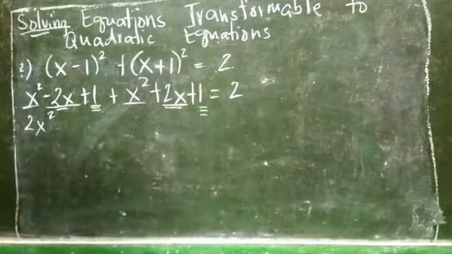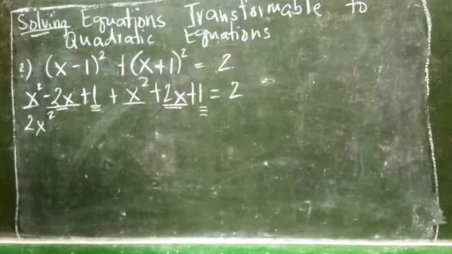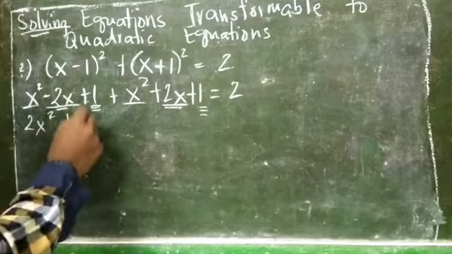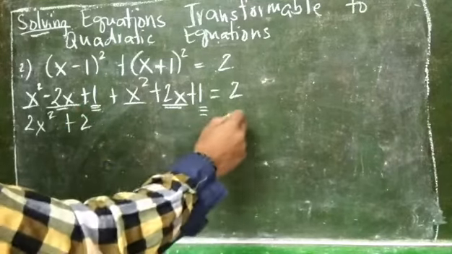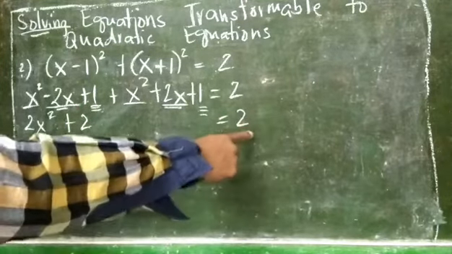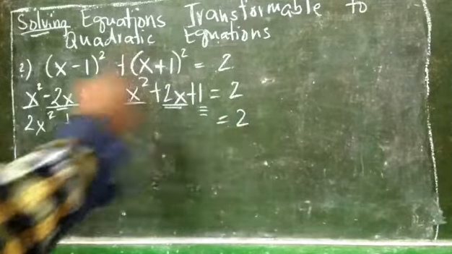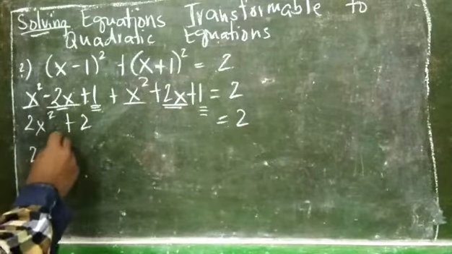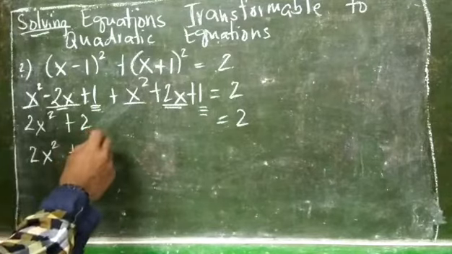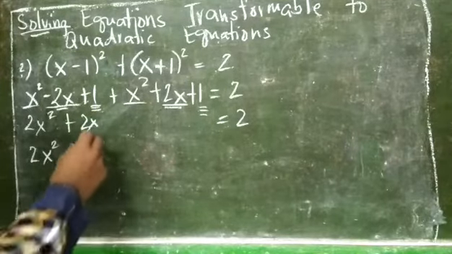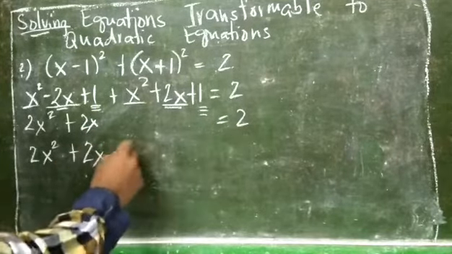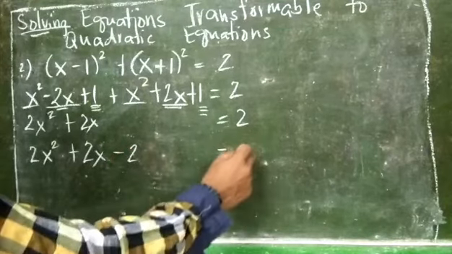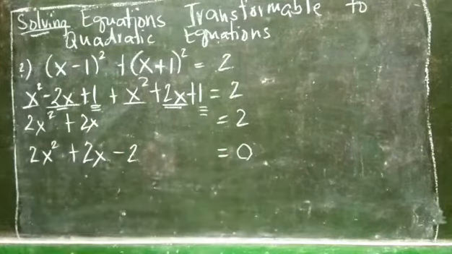Okay, so 1 plus 1, that is 2. Equals 2. Okay. Transpose itong 2 dito sa left side of the equation, that is 2x squared plus 0x minus 2 equals 0.